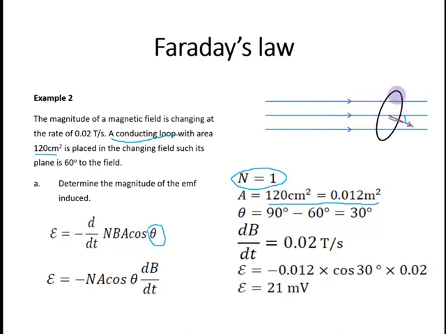It is not the angle between the plane. This one is the angle, the line on the plane. And then the angle between the line on the plane and the magnetic field will be this. This one, we are told, is 60 degrees.